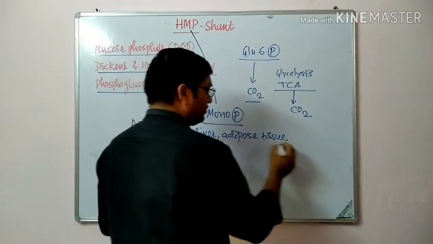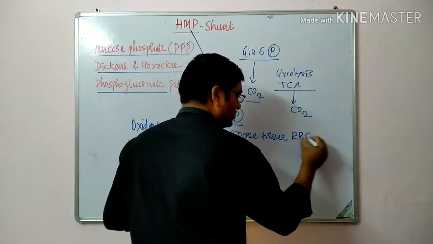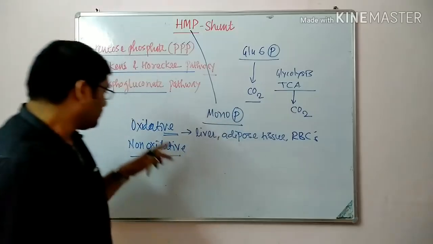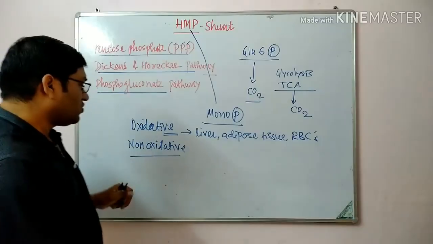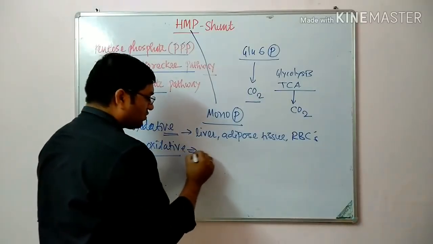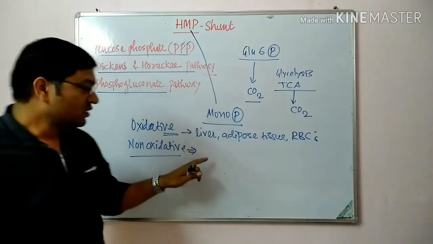So liver, adipose tissue, and RBCs are the main sites for the oxidative phase of the HMP shunt. While the non-oxidative pathway occurs in all cells of the body.